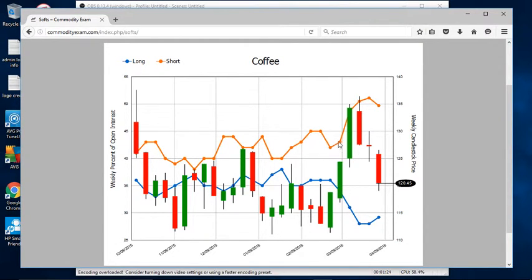Each one of these little dots represents 1 week of trading. And the line right here indicates percent of open interest, weekly percent of open interest. It goes from 25 to 55.